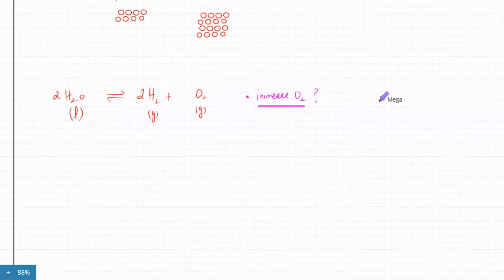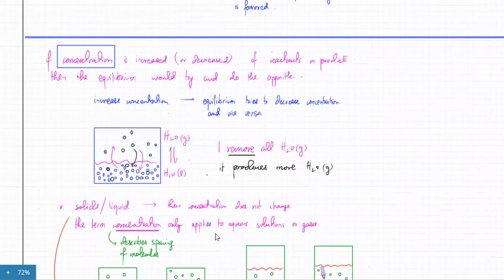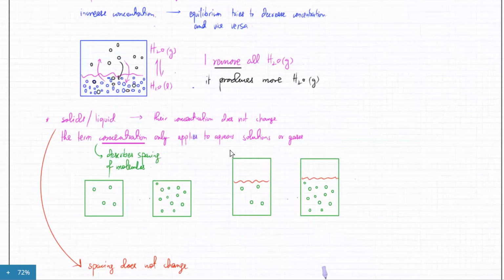So remember this statement over here, it specifically applies to, where did I write concentration?